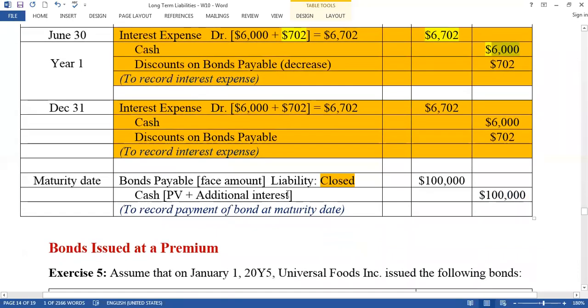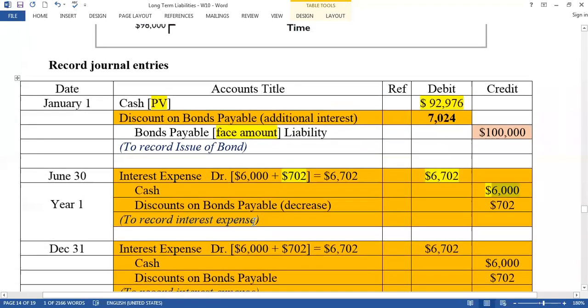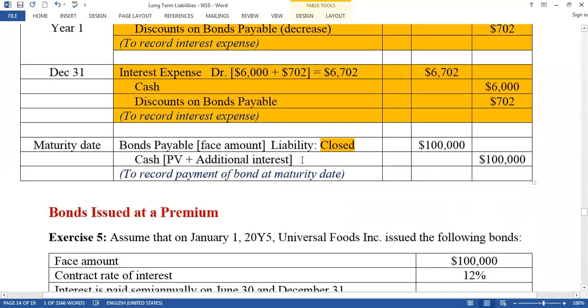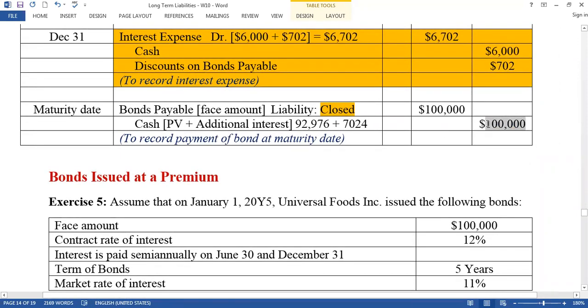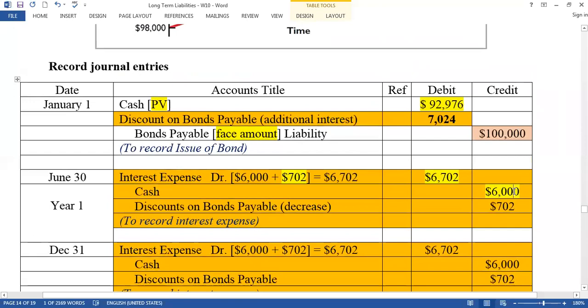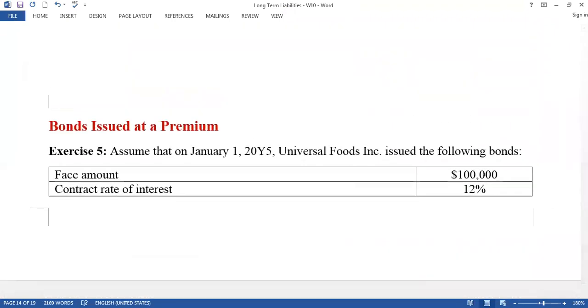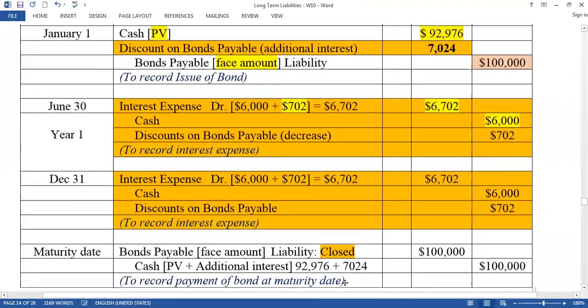The money we are going to pay at the maturity date, we pay this money plus 7,024. So we pay some additional interest expense in cash at the maturity date. Now it is closed.